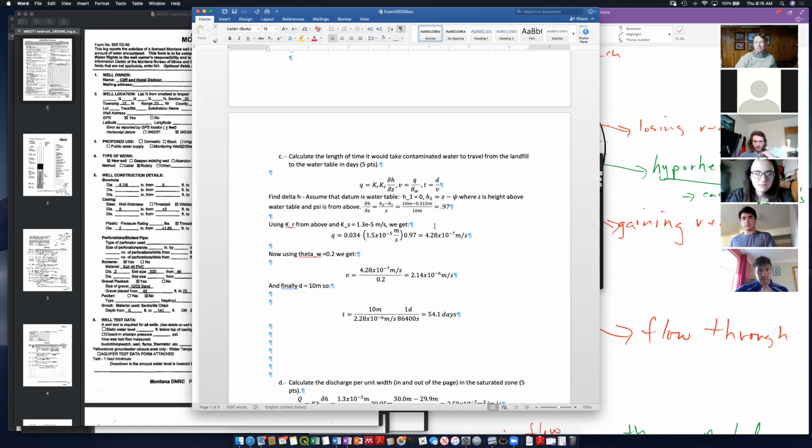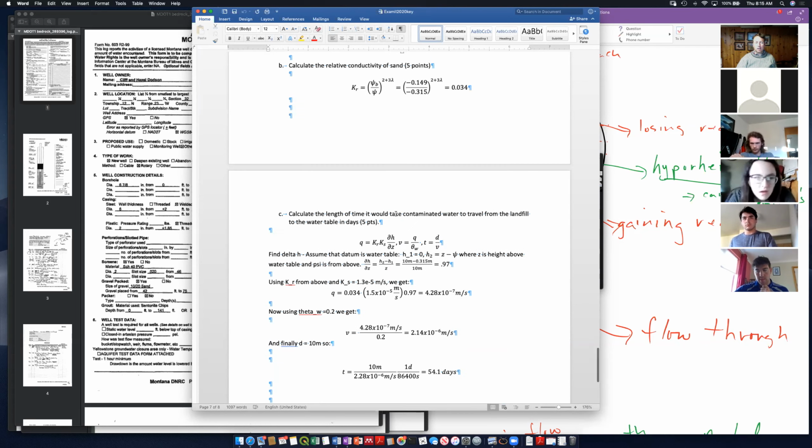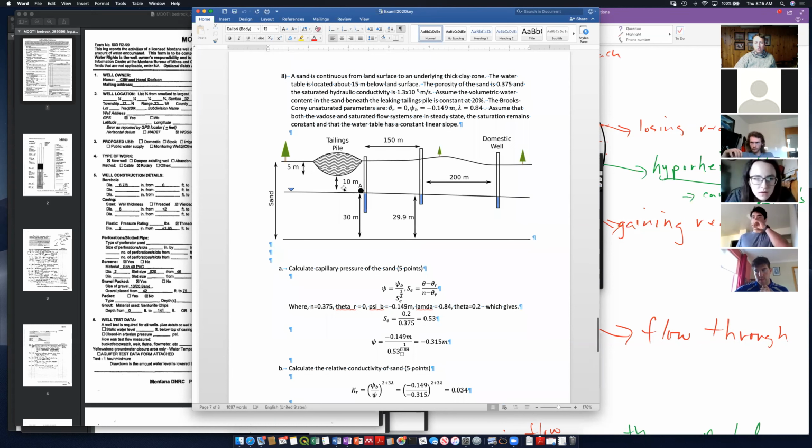You could use any datum. I chose the water table as the datum, which meant that the head at the water table is equal to 0. And the head up here is equal to the elevation, 10 meters, plus the pressure head, which is negative 0.315 meters. So this head up here is roughly 9.7 meters.